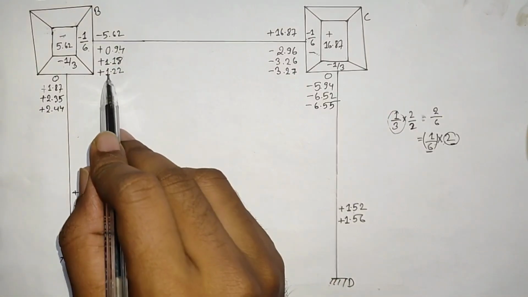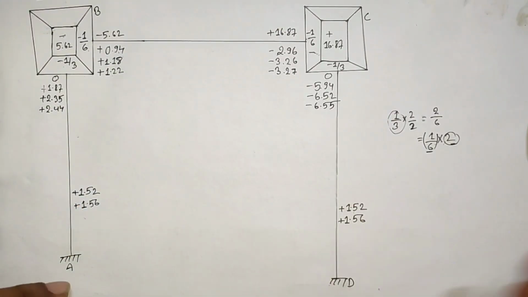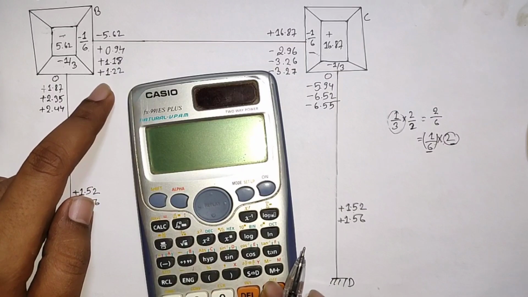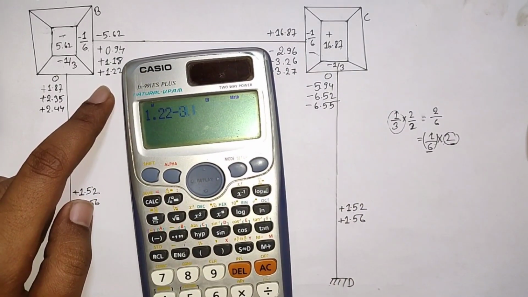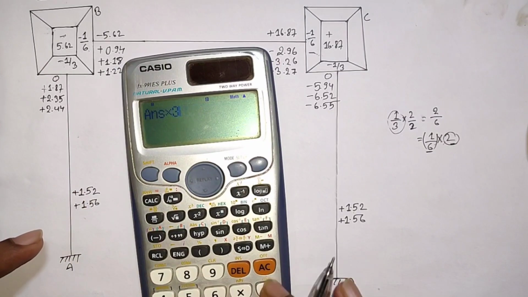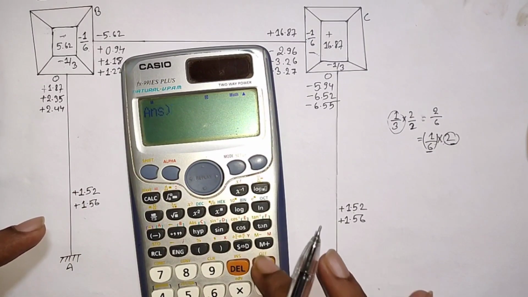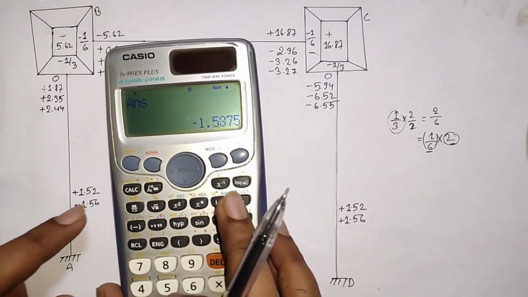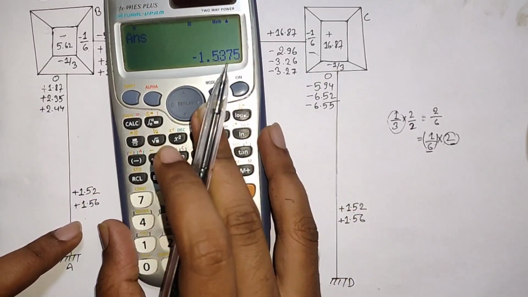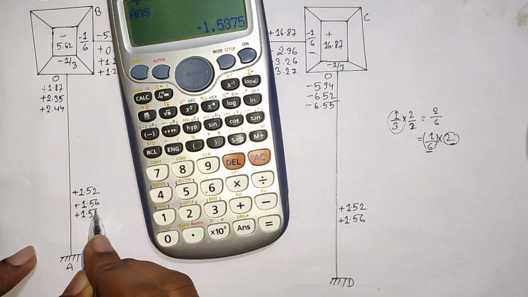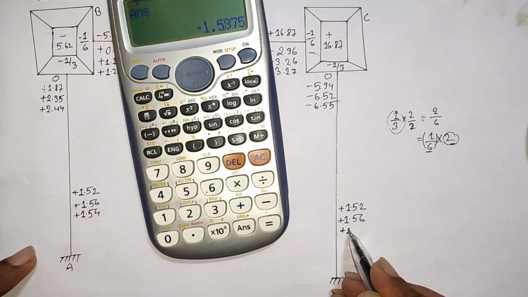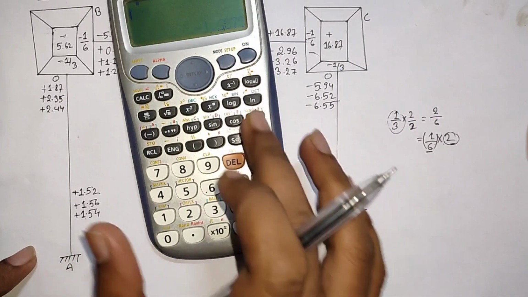Now add this value and this value and get the displacement value by multiplying with the factor. So 1.22 minus 3.27 multiplied by 3 by 4. We get 1.54. So write it here, positive 1.54.